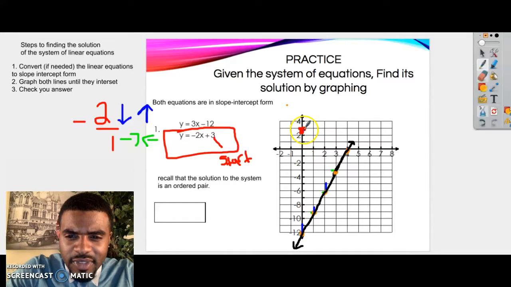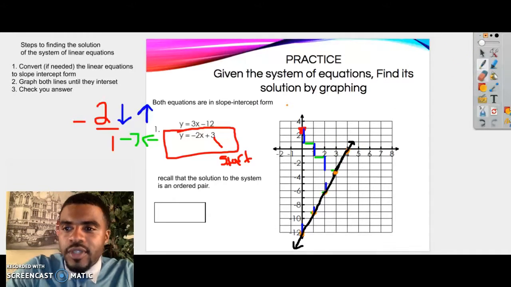So let's count. If I'm at 3, I'm going 1, 2. Okay, I have to be careful with this. And then run to the right 1. 1, 2, and then to the right 1. 1, 2. It looks like we have an intersection. And then to the right 1. We're going to go 1, 2, and then to the right one.